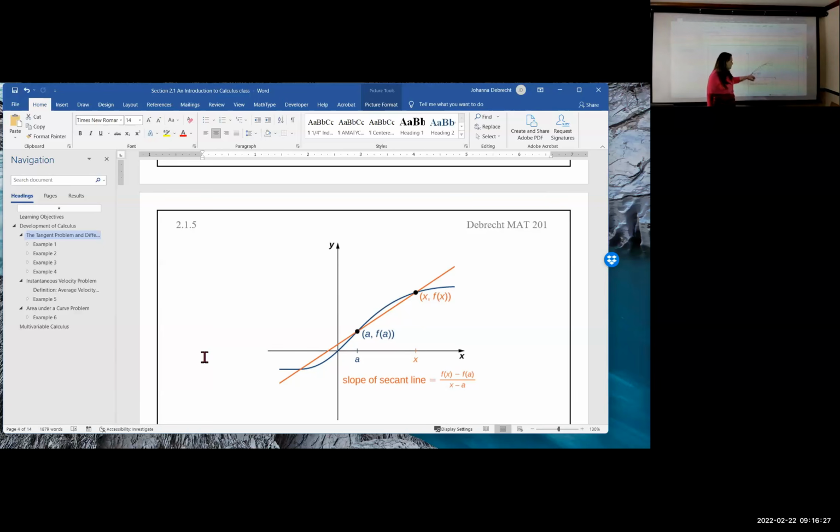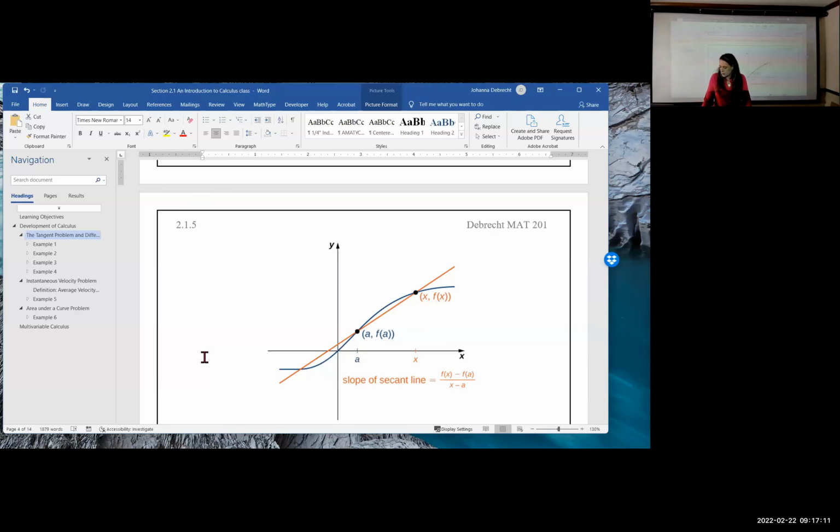And if you're looking for the rate of change at the point A, as long as x isn't too far away, then you can measure the slope of this secant line, and you can use that to approximate the rate of change at A. Now, if it's way far away from A, then that's not going to be a good approximation. But if it's relatively close to A, it's a decent approximation. The closer the other point, x, f of x, is to A, the better the approximation for the rate of change at A. What would be the best approximation for the rate of change at A?